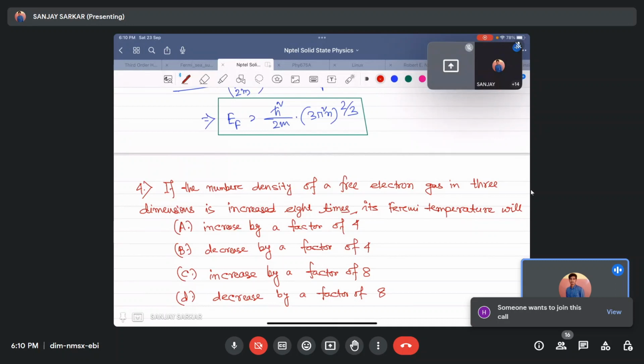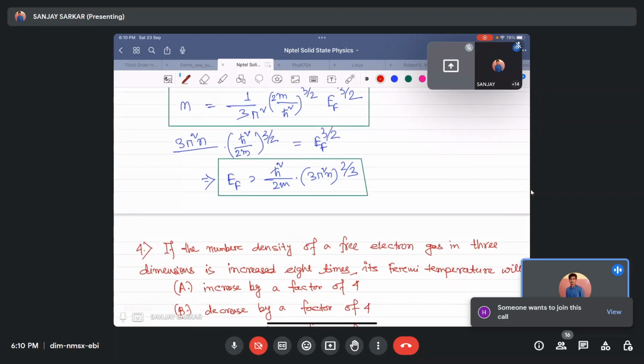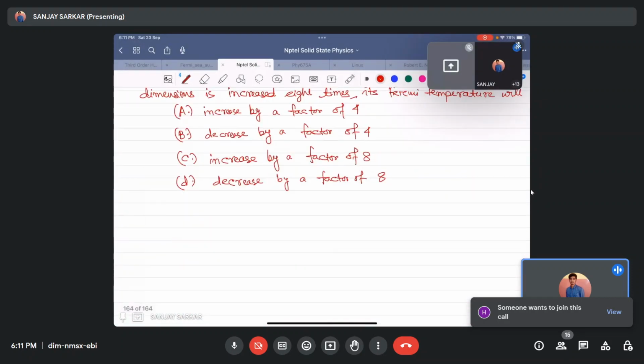So if the number density of a free electron gas in 3 dimensions is increased 8 times, its Fermi temperature will increase or decrease. So first you can calculate what will be the EF. If we increase the density by 8 times, then how the Fermi energy will change, and then you can calculate the dependence, because you know that the Fermi energy EF is actually kB into TF.